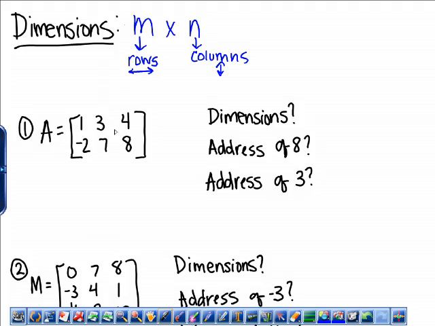So the dimensions of this matrix, first we're going to count the rows. Here's 1 row, 2 rows. How many columns? 3. So the dimensions of this matrix is a 2 by 3 matrix. 2 rows by 3 columns.